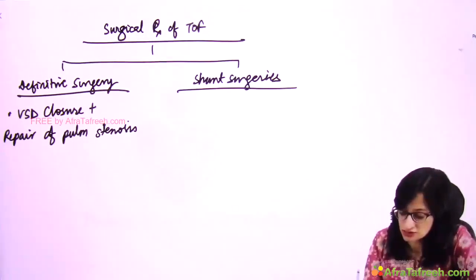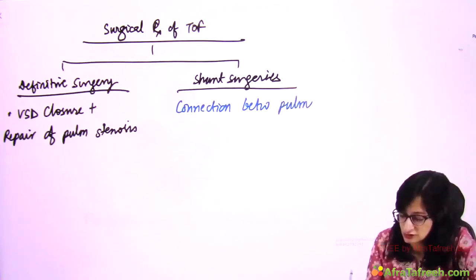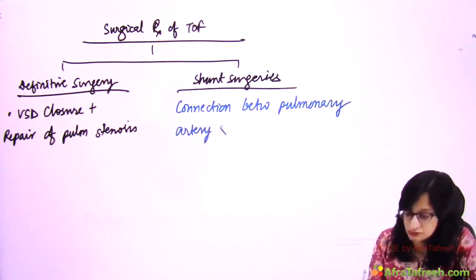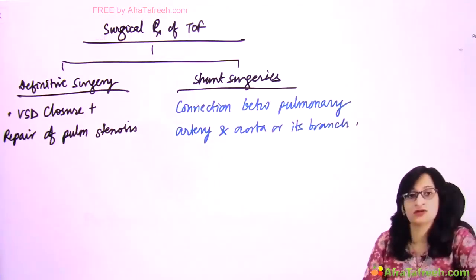So that is the shunt surgery. Shunt surgeries are basically surgeries where you make a connection between pulmonary artery and aorta or its branch. Okay.